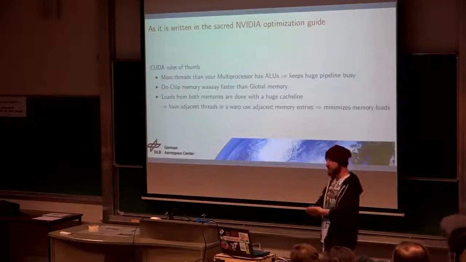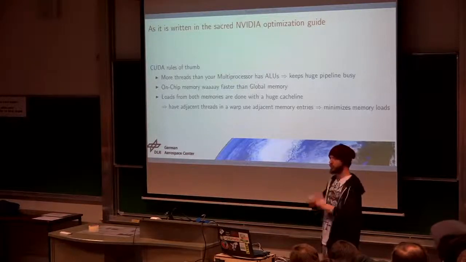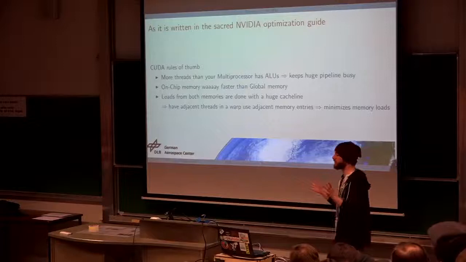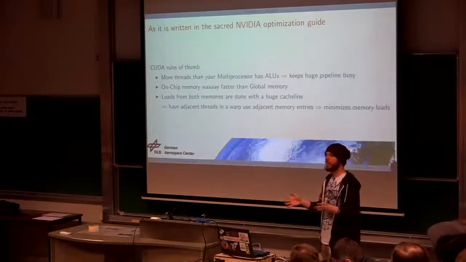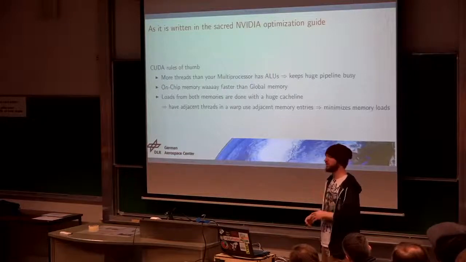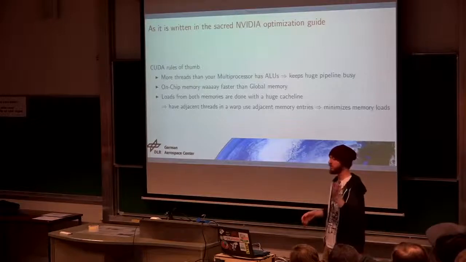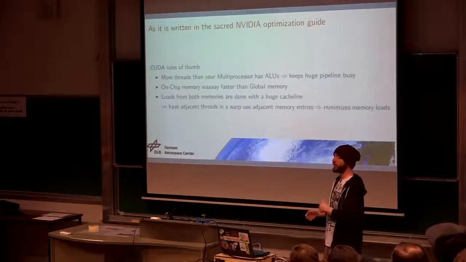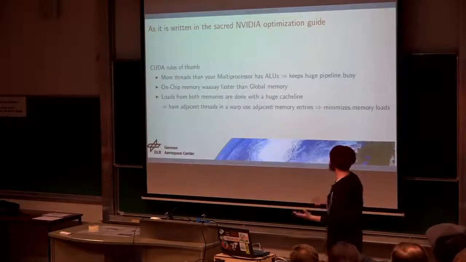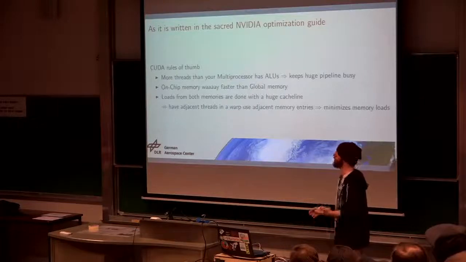Some rules of thumb for how you would program CUDA. Usually spawn more threads than you have cores. For example, I think the GPU that we used has something like 2,000-something cores, but we spawned like 32,000 threads. Probably we are having a bit of overkill there, but usually GPUs have a huge pipeline for scheduling of the threads.